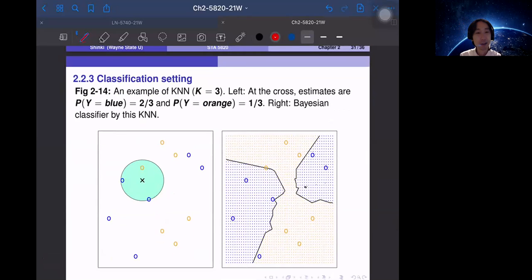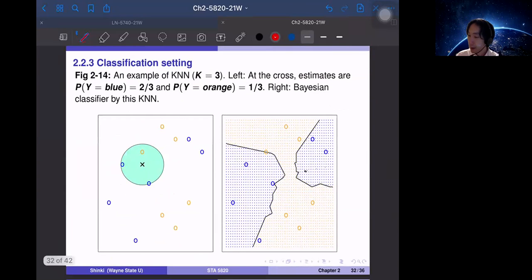This is another illustration of how k-nearest neighbors works. My complaint about machine learning people is that they don't specify the horizontal and vertical axes. So this is x1 and x2, and these are labels. Maybe orange is 0 and blue is 1.